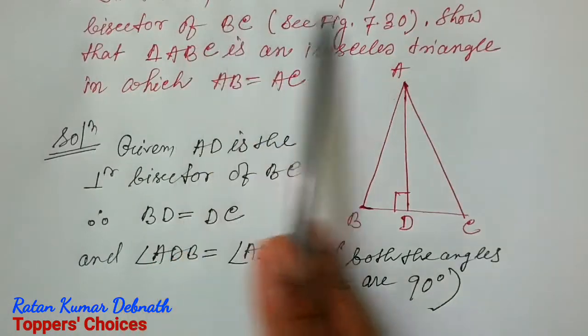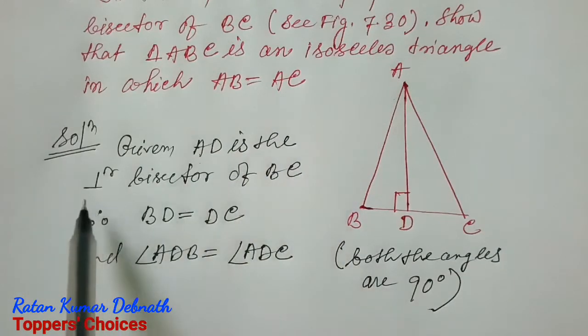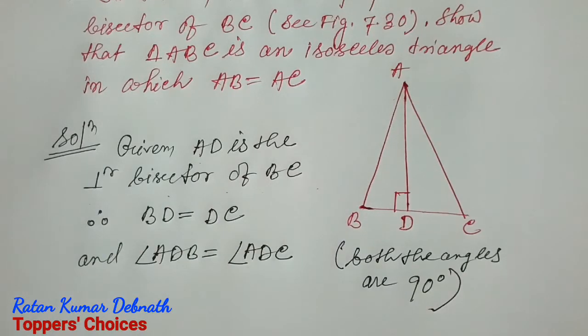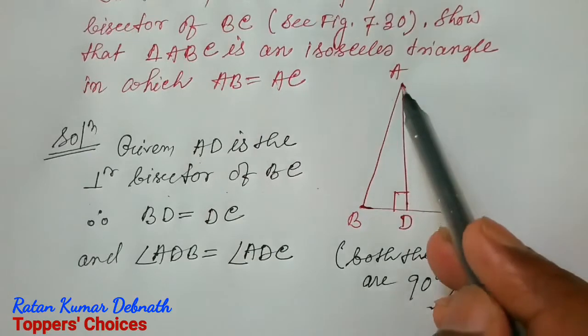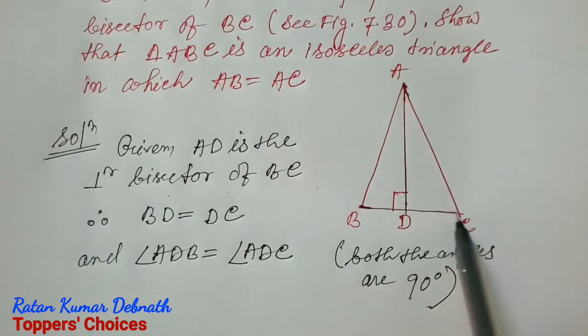From the given point, that is AD is the perpendicular bisector of BC, we can write two things. The line AD is perpendicular on the line BC, as well as it bisects the side BC.